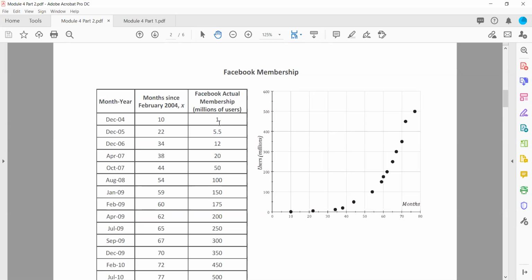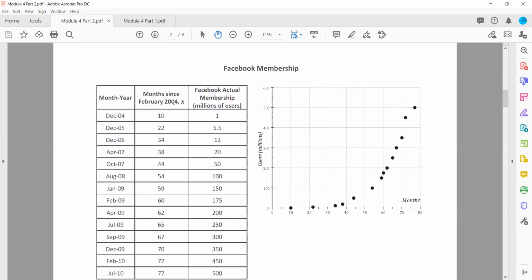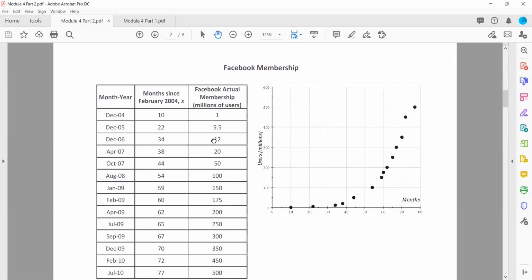So from 1 million, it increased to 5.5. Then in December 2006, 34 months since February 2004, we get 12 million users. Then in April 2007, 38 months since February 2004, we get 20 million users.